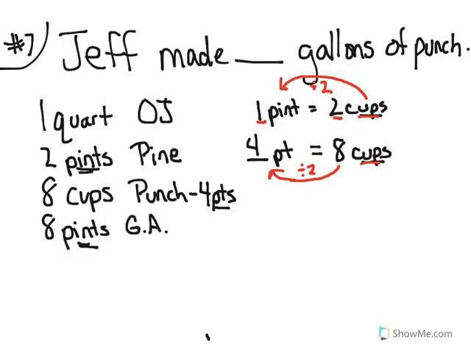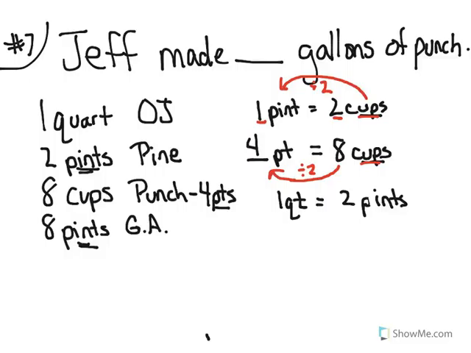So I have 3 of my values in pints. I now need to think about my quarts. I have to decide how many pints are in a quart. Well, when I go to my conversion rate, I can see that 1 quart equals 2 pints.